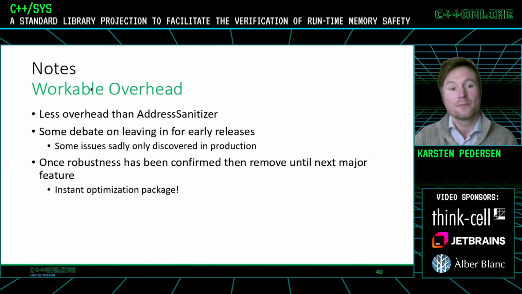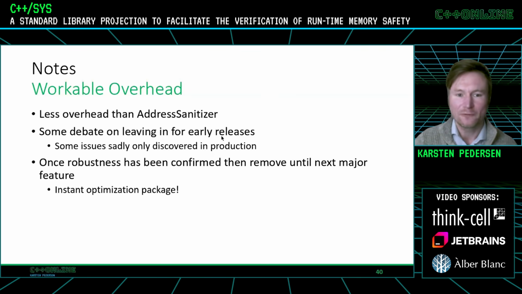So in general though, you can actually leave C++ sys on, at least for the first few builds for your client. It has less overhead than address sanitizer. I would say leave it on for early releases, to the beta stage at least, maybe even some of the early production stages, just because it's fast enough. And it means that you get good error messages.